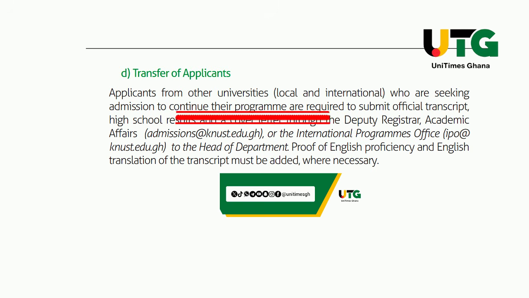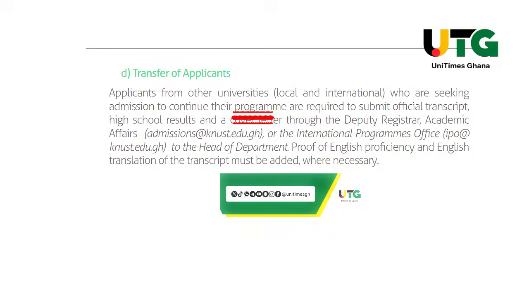In the case of a different program, probably unless you reapply to the school to start afresh. But in case they allow you to do a different program, it will be communicated to you once you start the process. Even before that, you can send a query to these emails, trying to find out if you are eligible to read a different program if you want to move from your current university to KNUST. As simple as that.